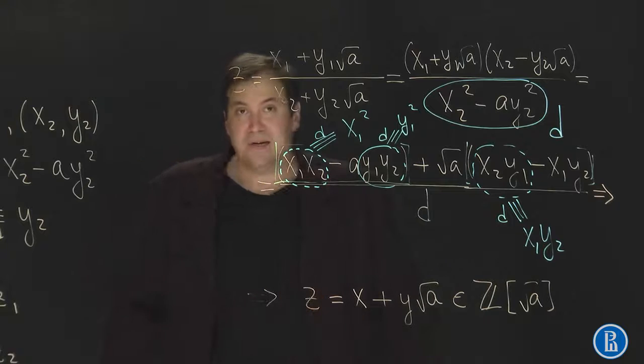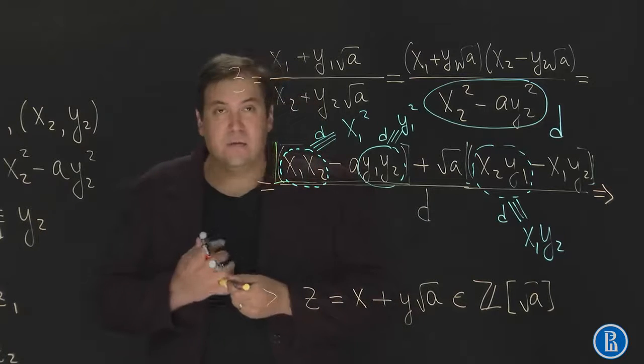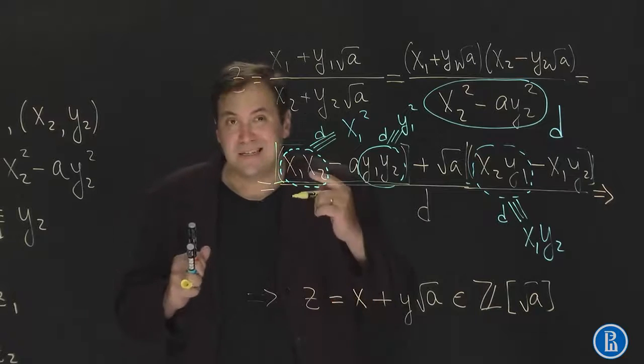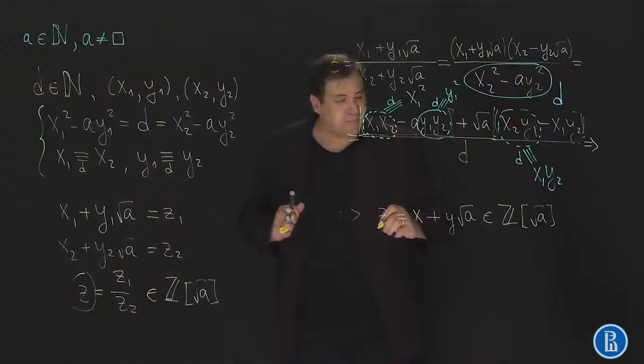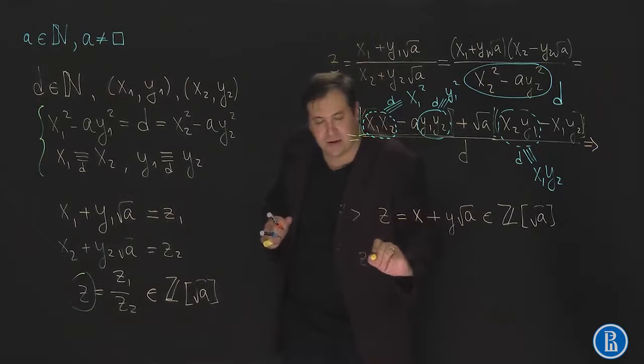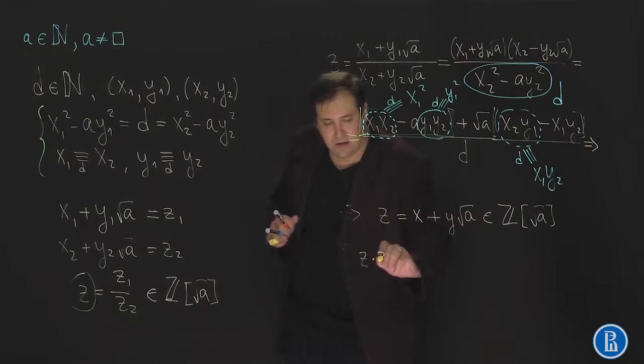And now, since we know that it belongs to the ring, we can use the ring arithmetics to prove that z is the solution of the Pell's equation. Well, just consider z multiplied by its conjugate.